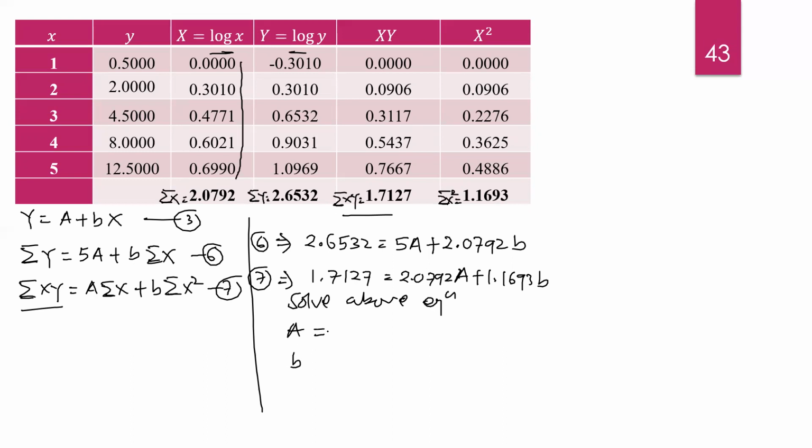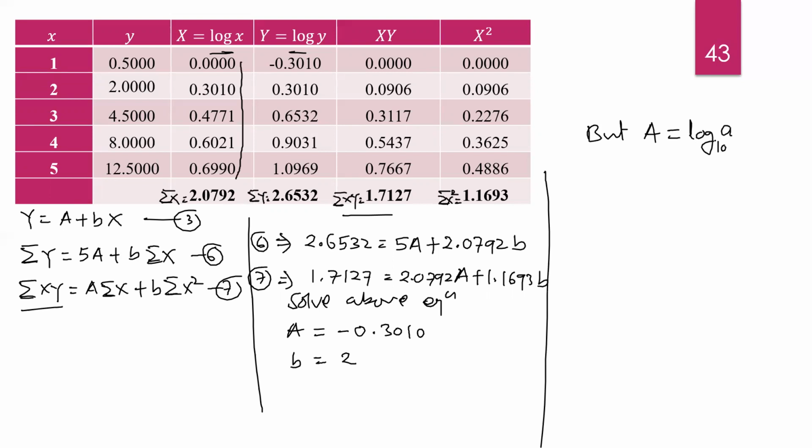Now I am solving these equations through calculator. Then we get capital A is equal to minus 0.3010 and b is equal to 2. But capital A is equal to log base 10 of a.